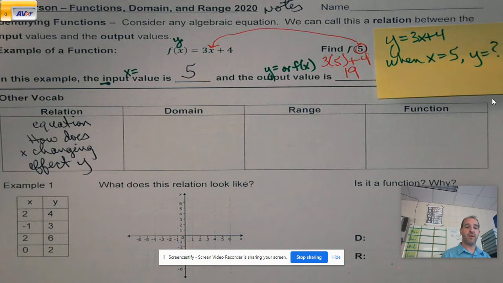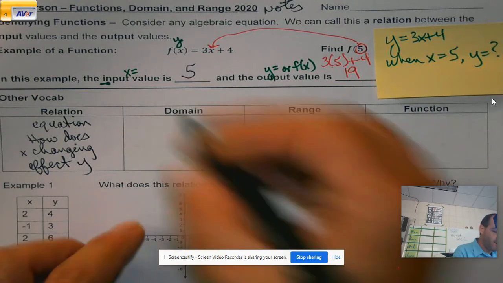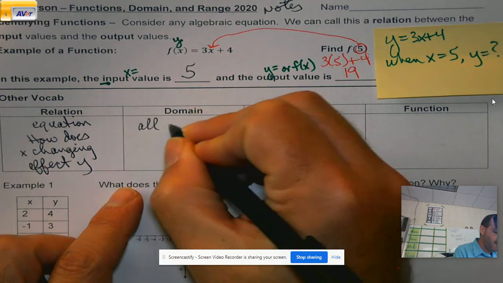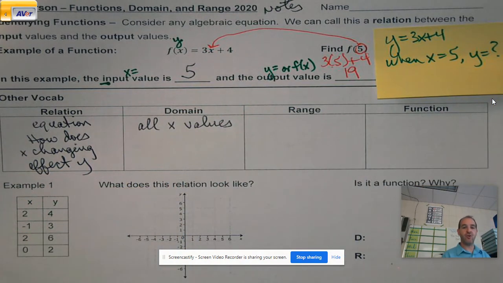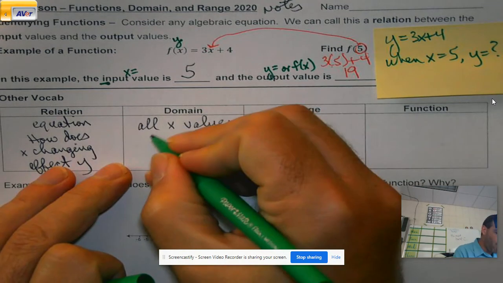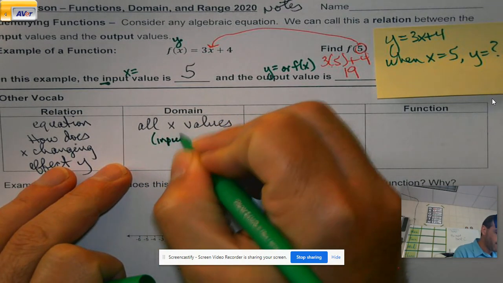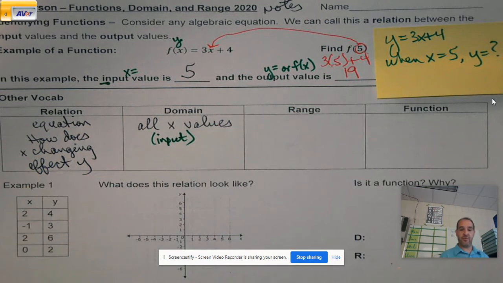My domain is all my x values. That's always going to be true. In our case, that's all the input values.